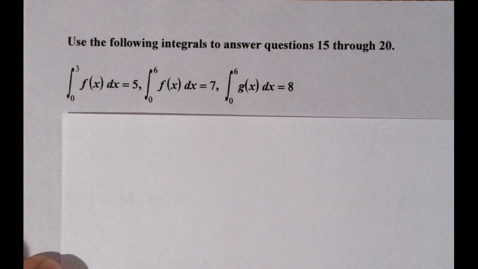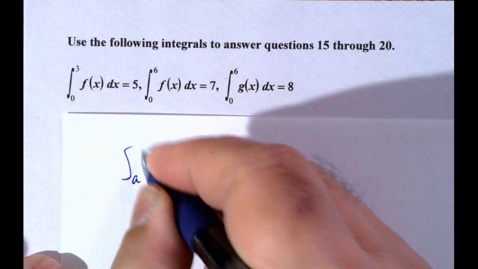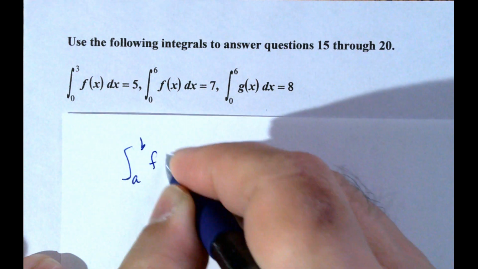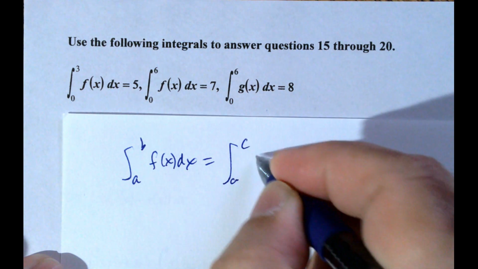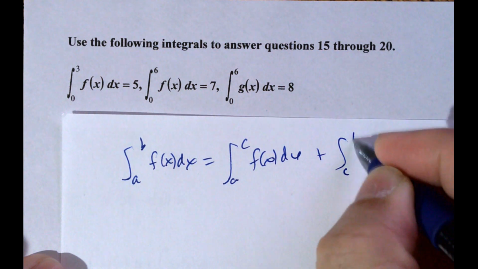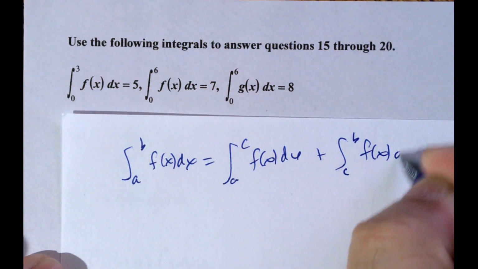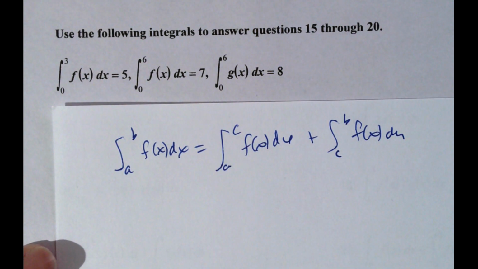And remember this form. If I have from a to b of some function, that's going to equal a to c and c to b of that same function. So that's what we're doing here. We want to rewrite it so I have that set up.